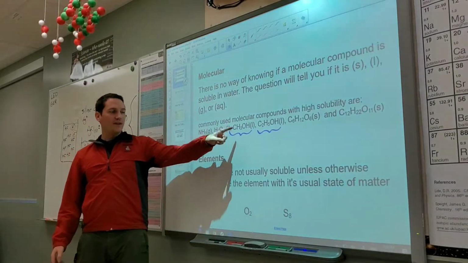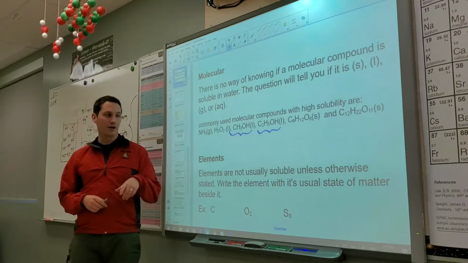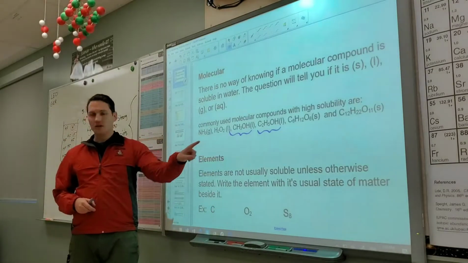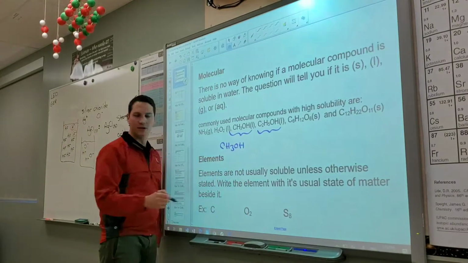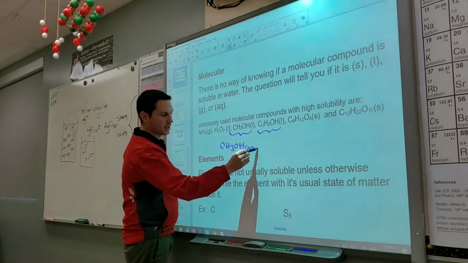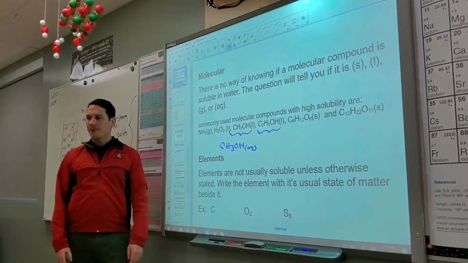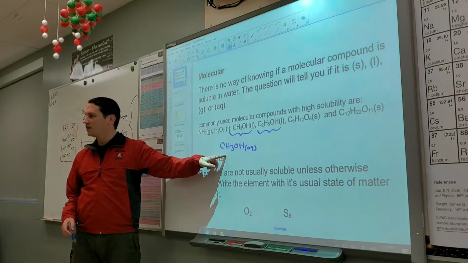So if I have methanol and I try to dissolve it in water, it will dissolve. So instead of saying CH3OH liquid, what should I say if it's dissolved in water? I should say aqueous. But is this ionic? Are there any ions in here?